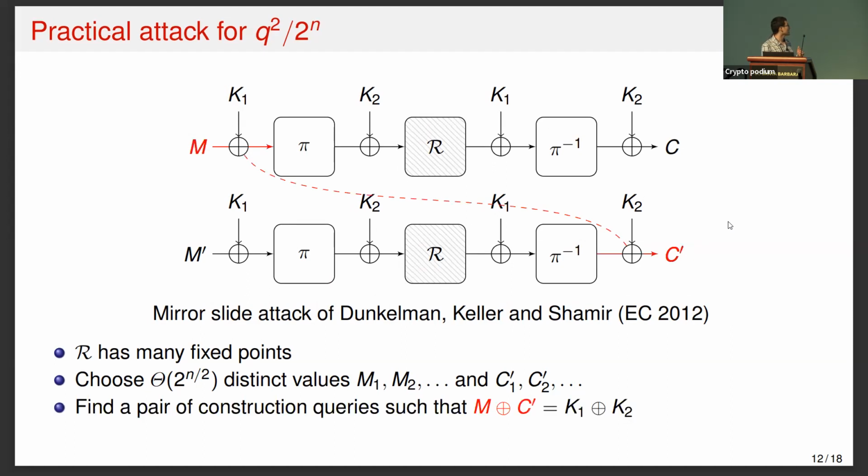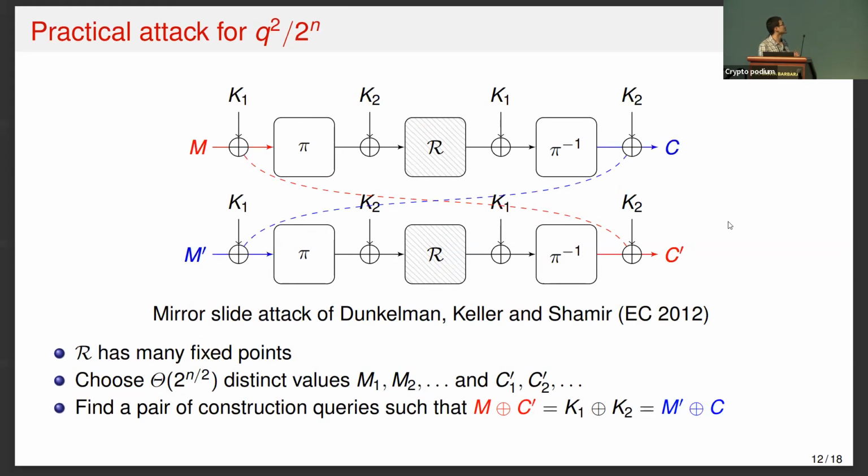The high-level idea of the attack is that we need to find a pair of construction queries that satisfy this equation. So we need to find the M that XORs with the new message and this new ciphertext to equal the XOR of the two keys.